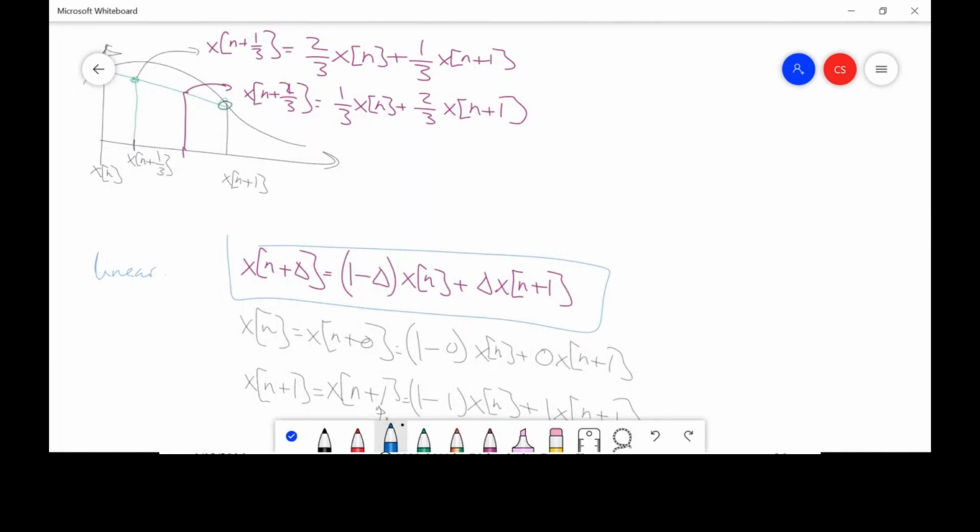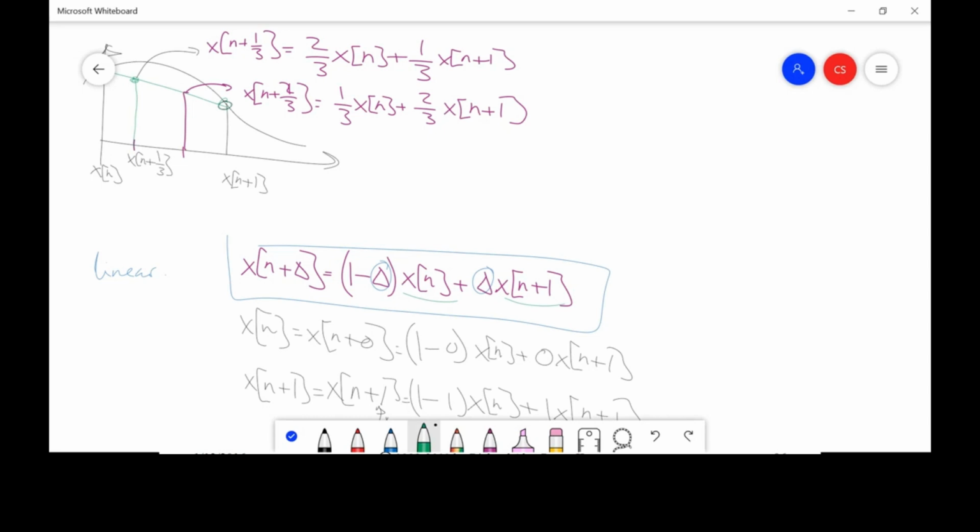What is your argument? What do you vary? You go from here to there. You're changing delta. So if you are changing delta, this is a constant, this is a constant, whatever the values are, but those are constants.